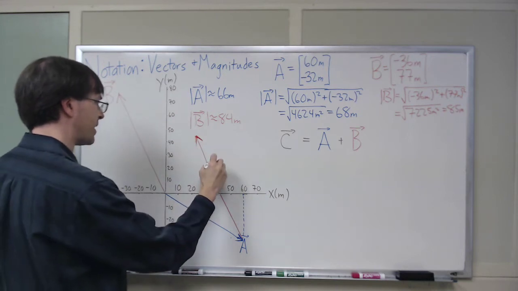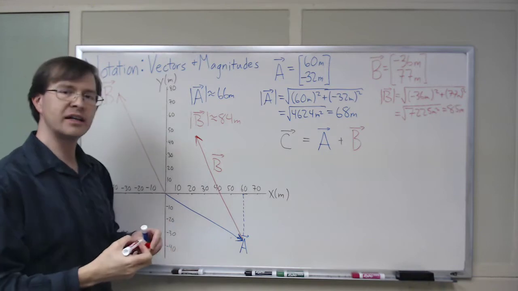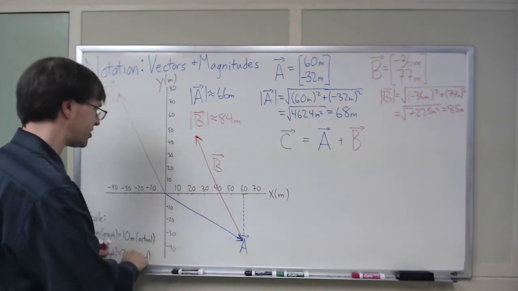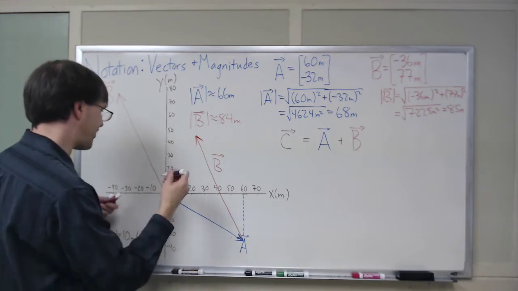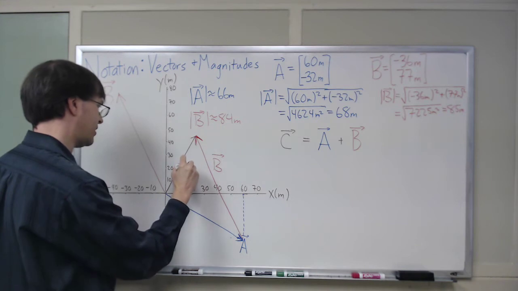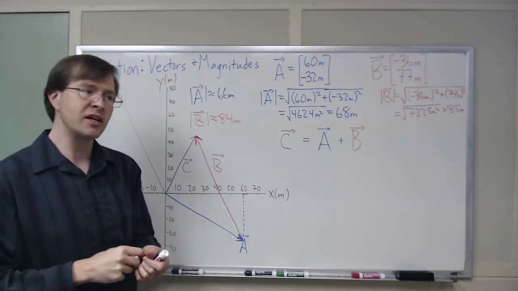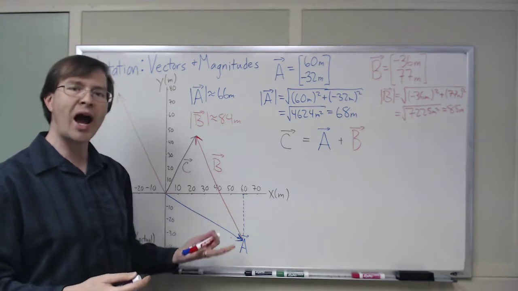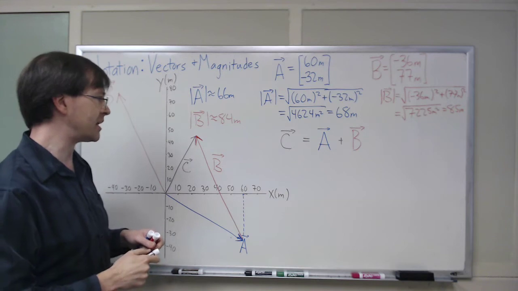That's my copy of vector B. A plus B added tip to tail gets me here, and the result from the original tail to the final tip is vector C. This must be vector C along here. That's how I add vectors as arrows. That's how I add them graphically, just by putting the arrows tip to tail, and I get vector C.